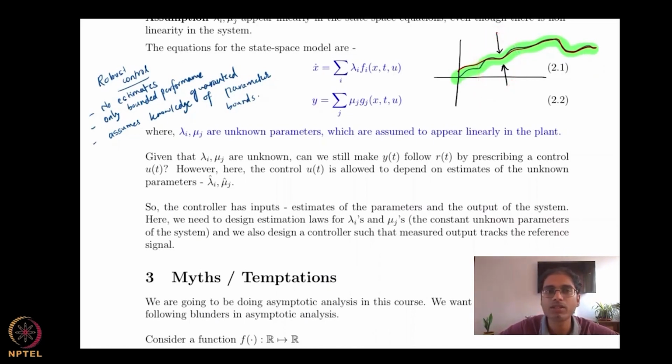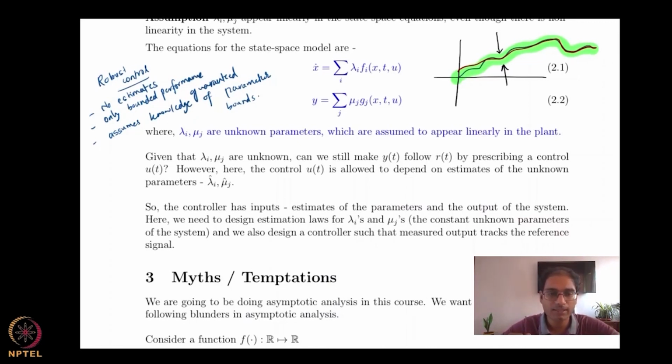So therefore robust control assumes knowledge of parameter bounds. Adaptive control does not. These are the key differences between robust control and adaptive control. Not free, so robust control seems to be doing something which I would call analysis, whereas adaptive control is actually doing control, because you are adding an estimator, you are adding a control which is probably more complex, which relies on this estimator. So this is what we need to remember.